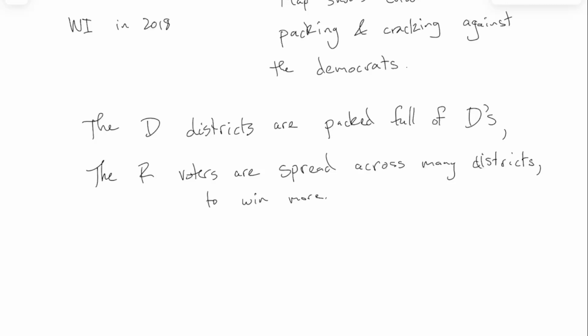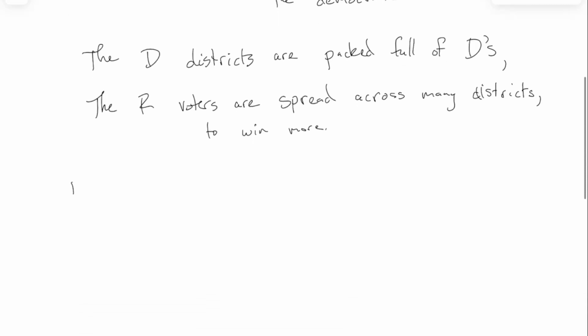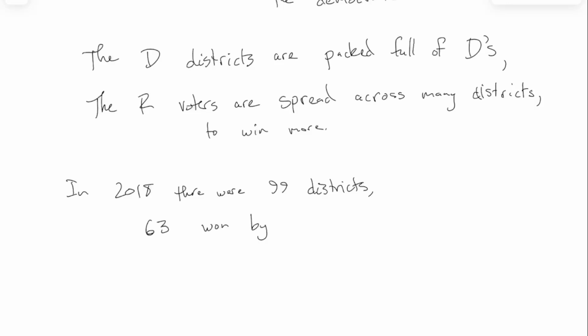Now, if you look at the numbers here, this election is, like I said, from 2018. I'll tell you the actual results of this map, just reading the numbers behind the map. There were 99 districts, and 63 were won by Republicans.